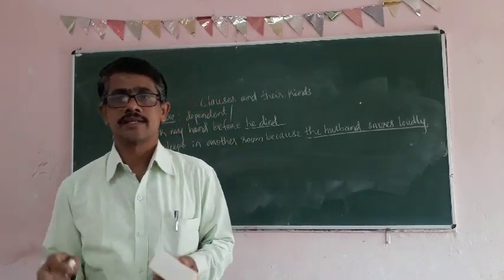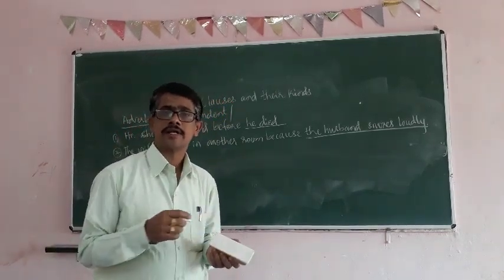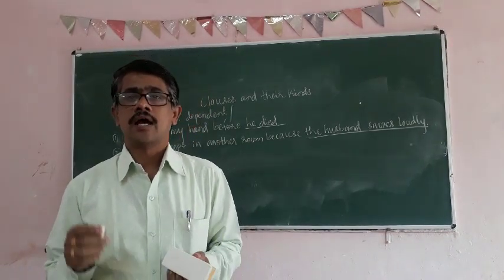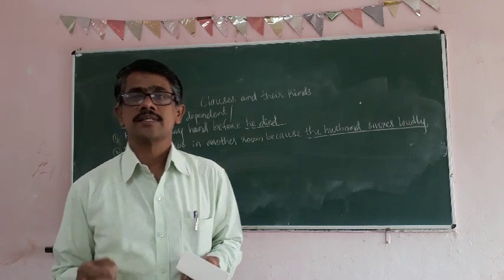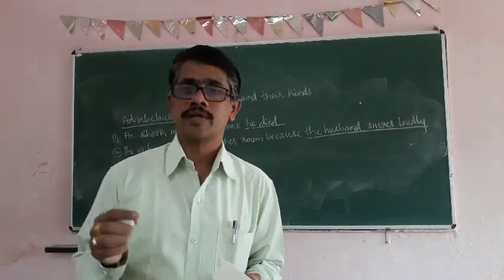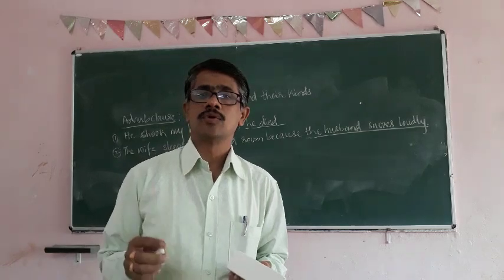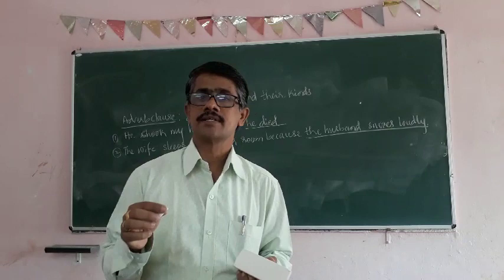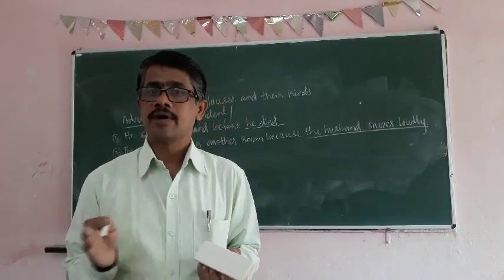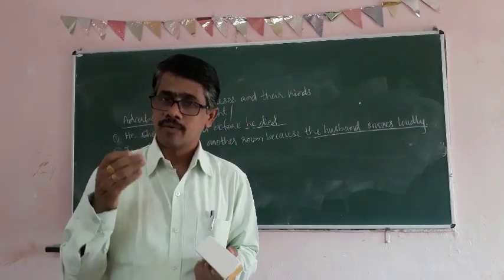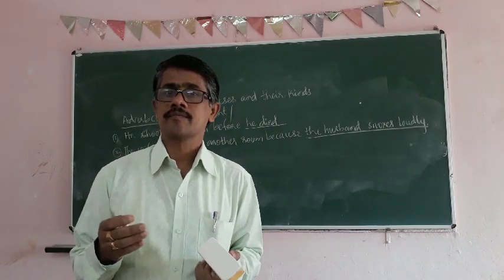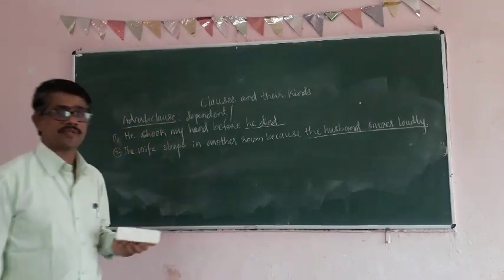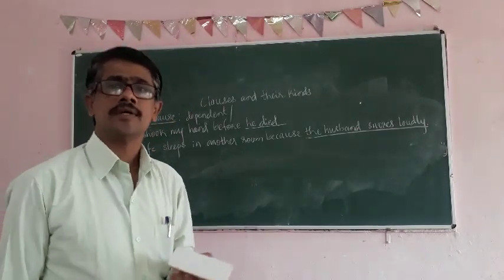Subordinating conjunctions, for example, as soon as, as long as, if, whether, after, before, separate the adverb clauses from main clauses. So these two are the examples for adverb clause.